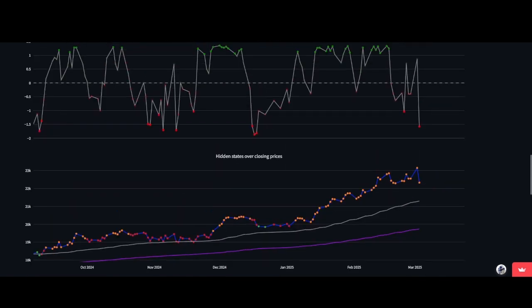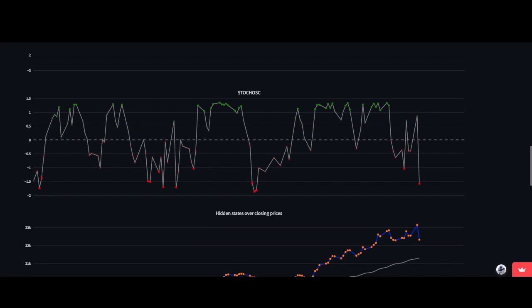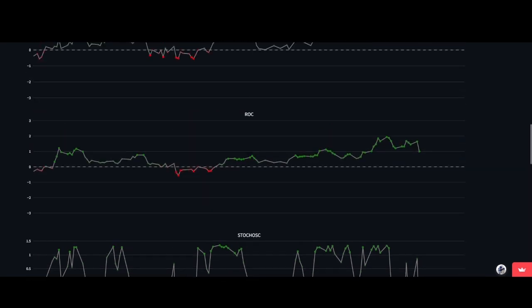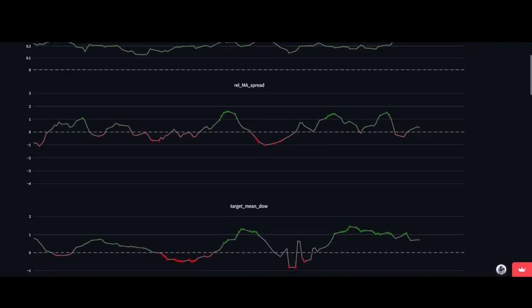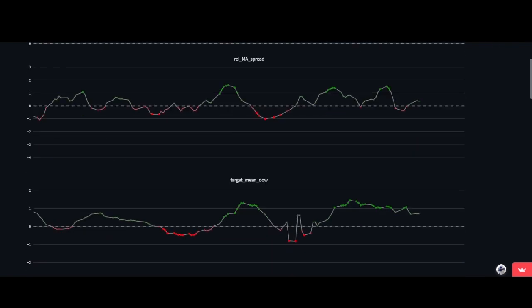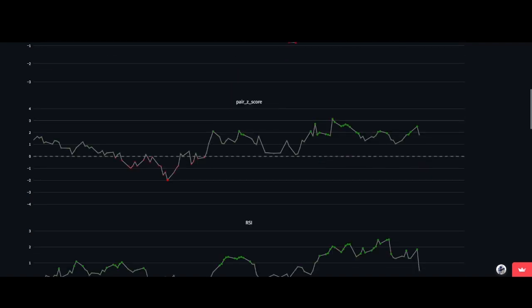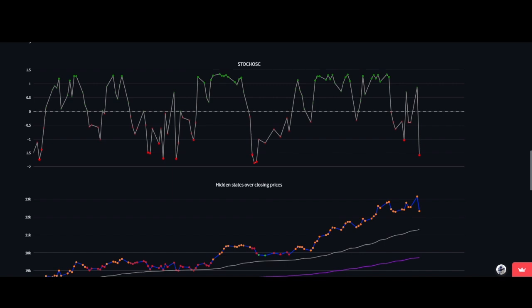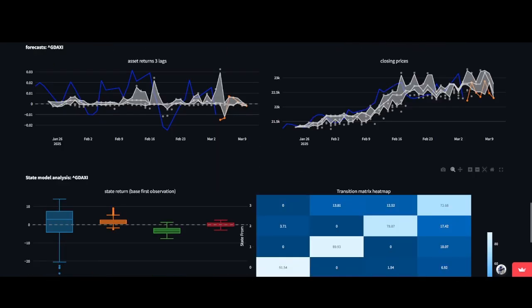Now it fell, but it's still high. So maybe it's already losing some of its power. But in general, green numbers. It had a negative return yesterday. So let's see.